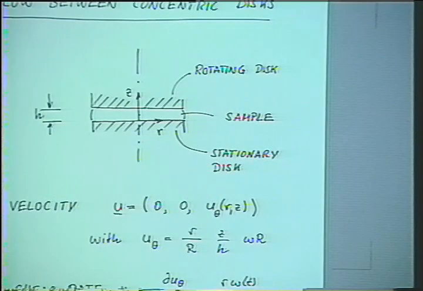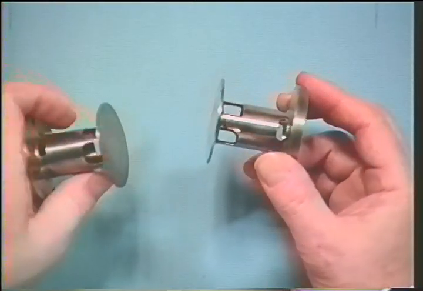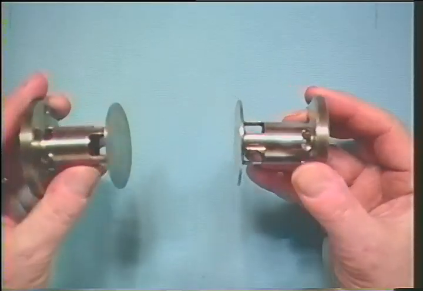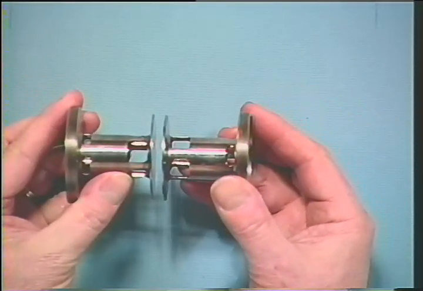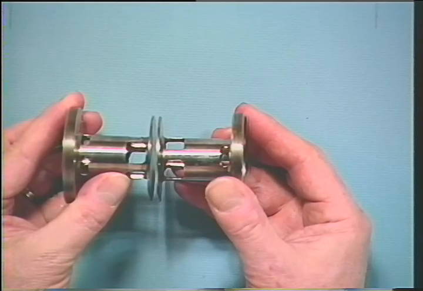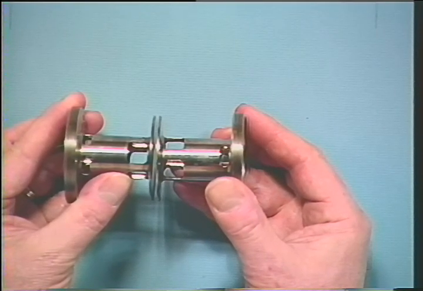Here I have another example which is quite common in the rheology laboratory. And I brought you the hardware, the fixtures associated with this. Maybe you can see this on the screen. The sample is put between two concentric disks. So the axis of the two disks is the same. And we are putting a small sample in between.